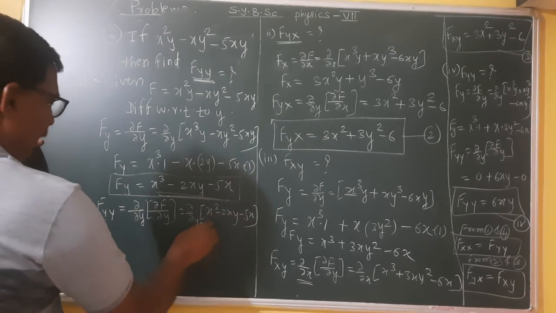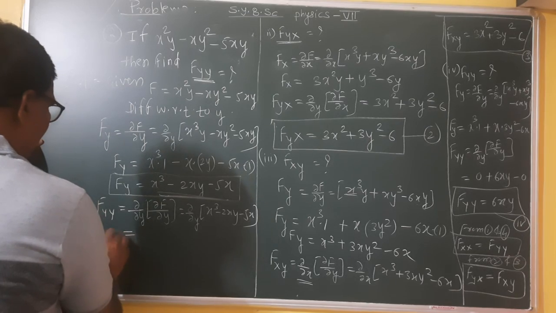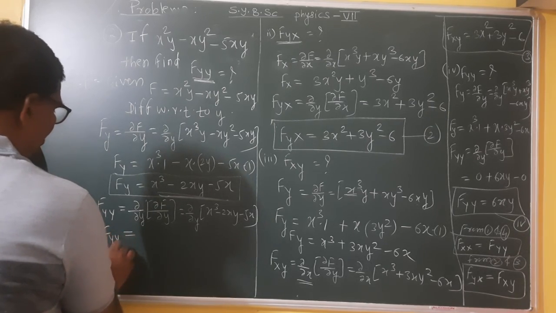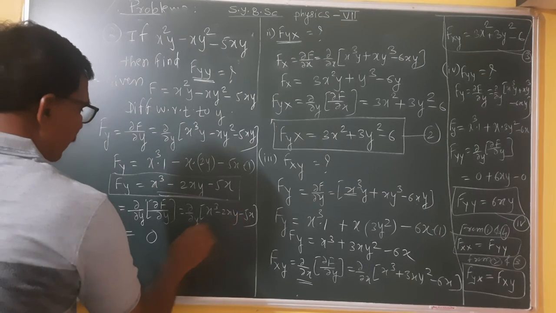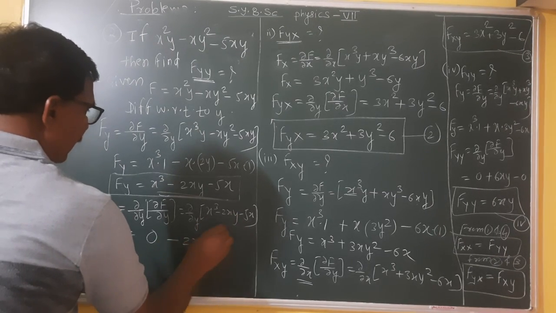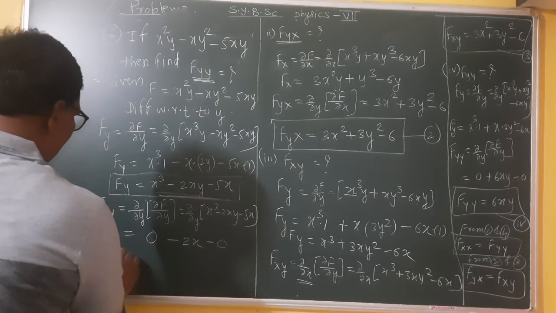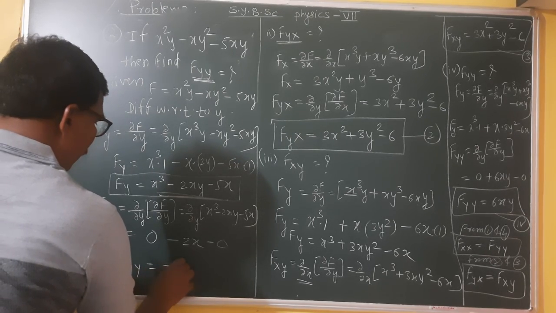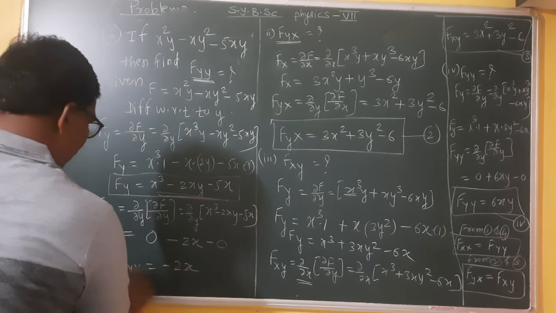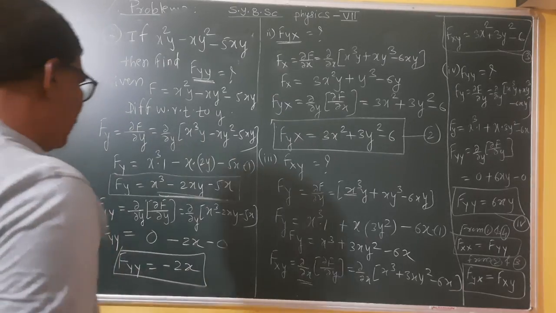Differentiate again with respect to y. It gives fyy: this term is 0, this with respect to y is −2x, and this is again 0. Finally, fyy is equal to −2x. This is the answer we have.